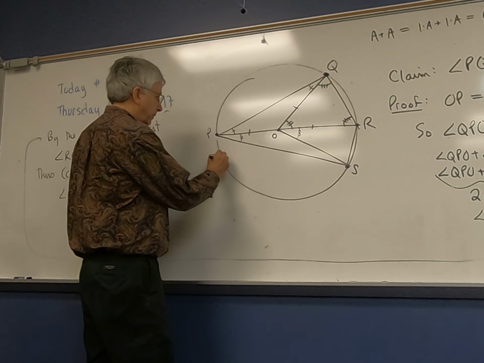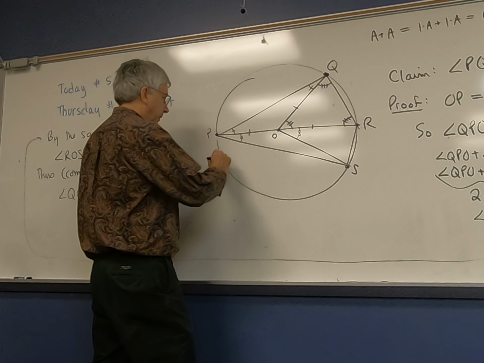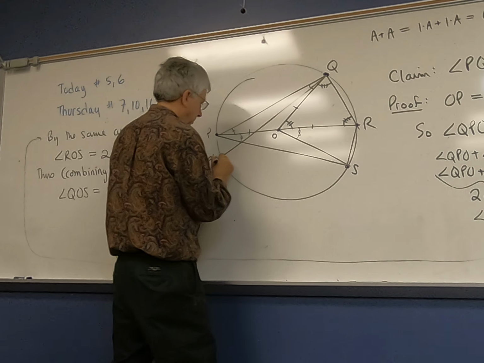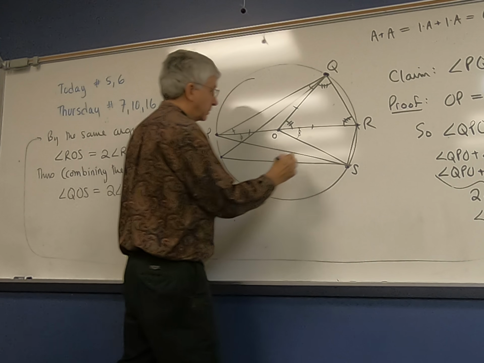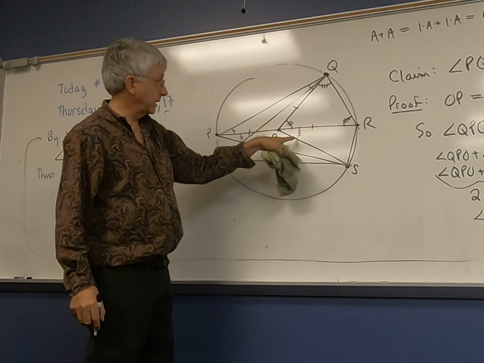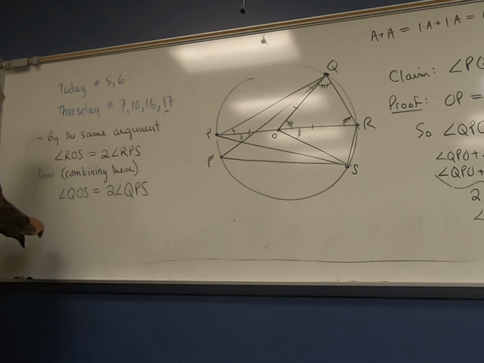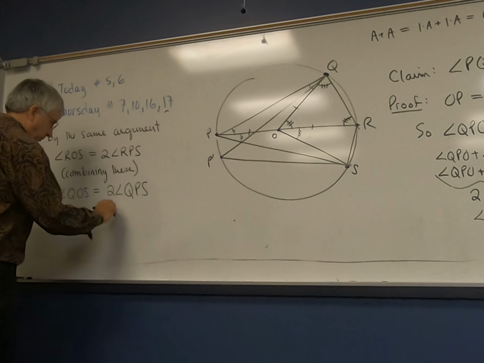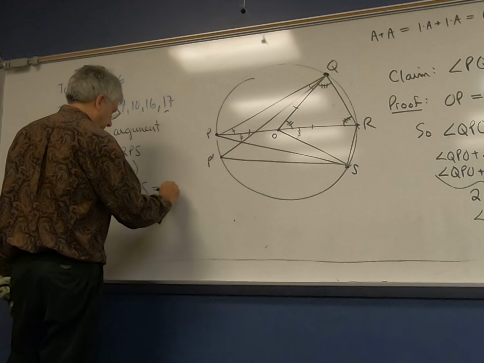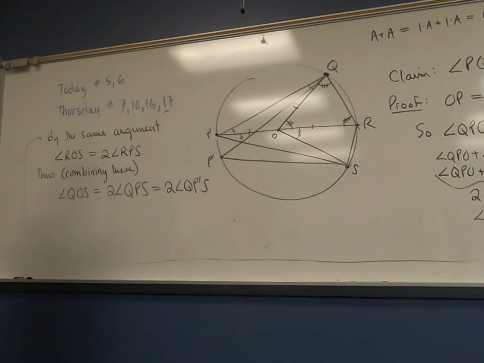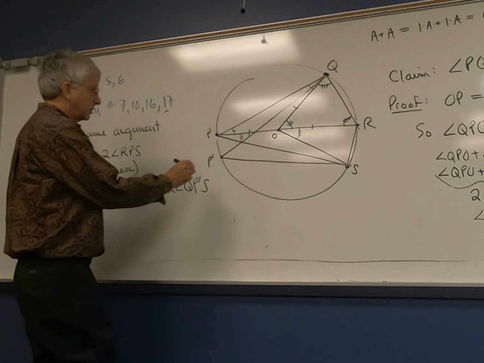Say if I were to move the point P to P prime here, then I would have this circular angle, which is also half of this central angle, right? So this is going to be equal to twice angle QP prime S. You see that? So these two angles are the same.